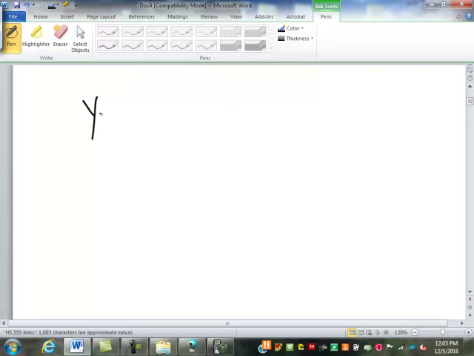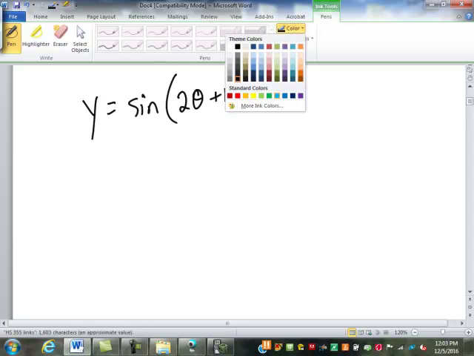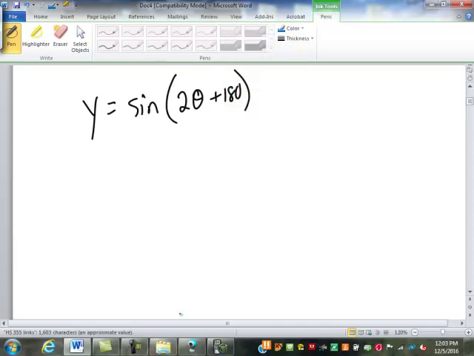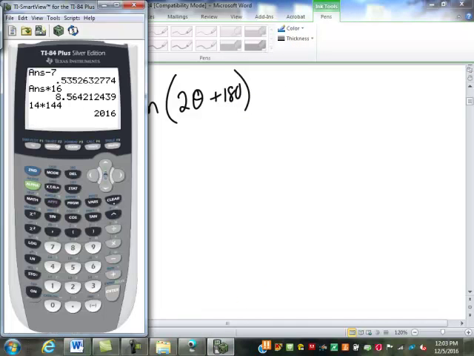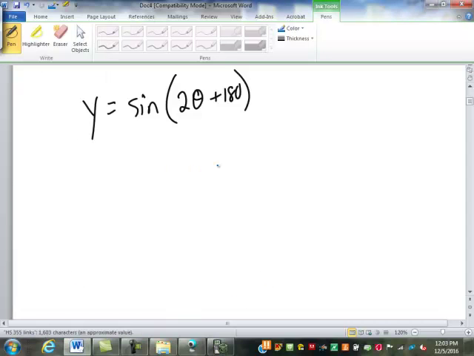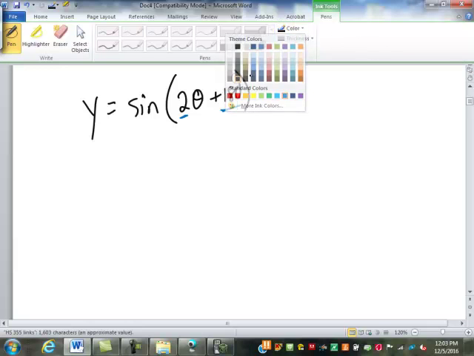If I have y equals sine 2 theta plus 180, when you have both that shift inside here and multiplying the angle, and to be honest, I'm trying to remember right now exactly how that all fits together.